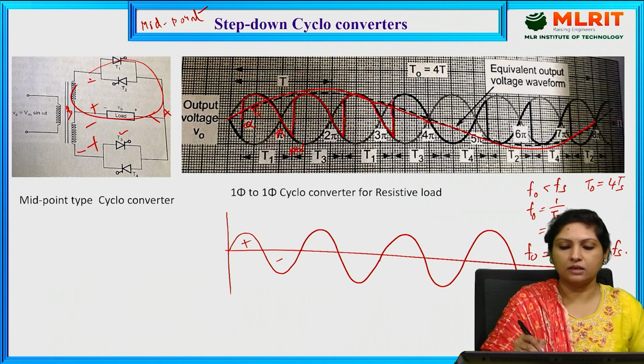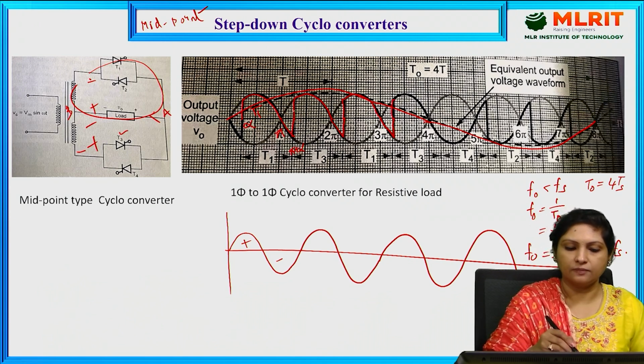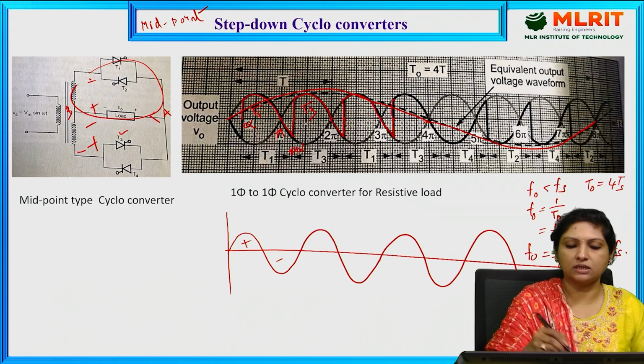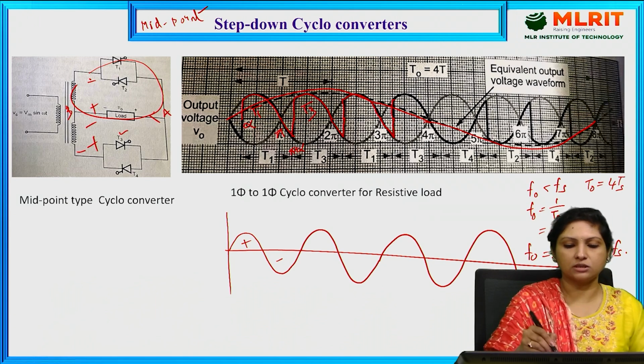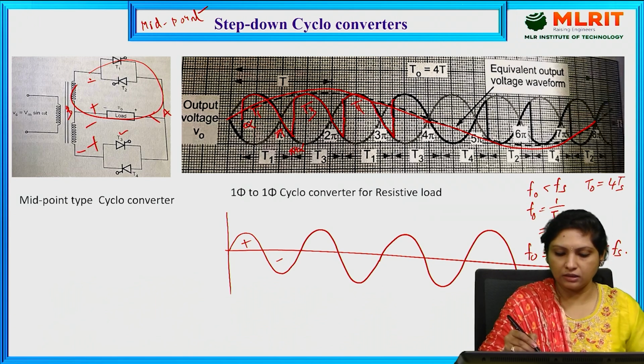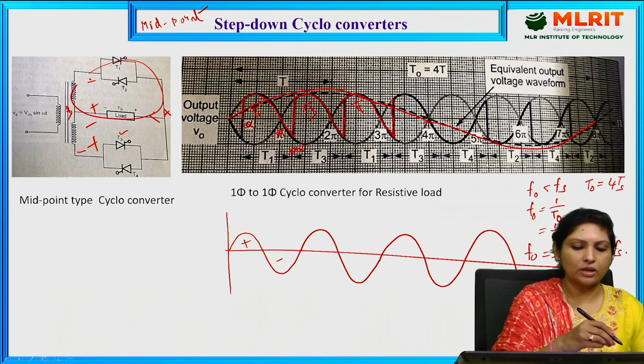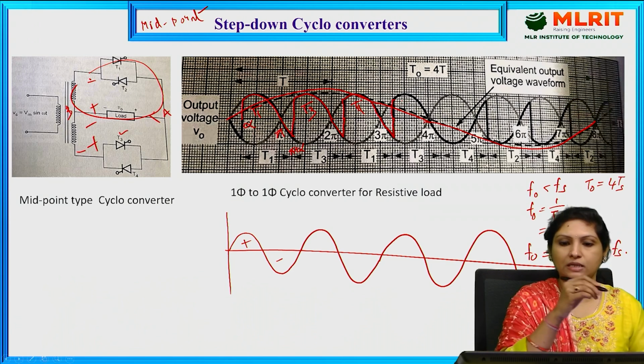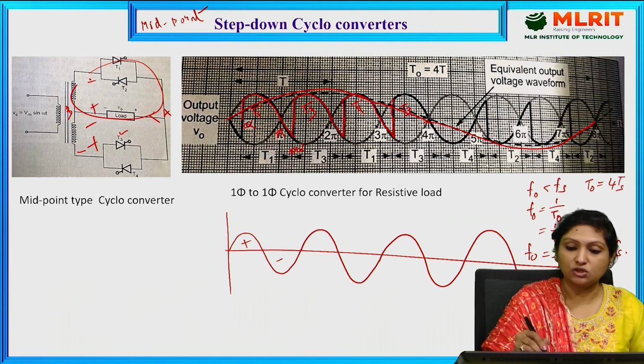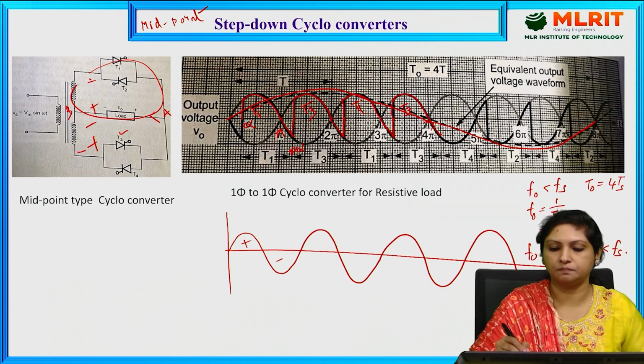Here T1 conducted, here T3 conducted. Now we have provided the triggering pulse for T1, and again during the negative half cycle, we provide the triggering pulse for T3 such that we get positive half cycle of the output voltage control.